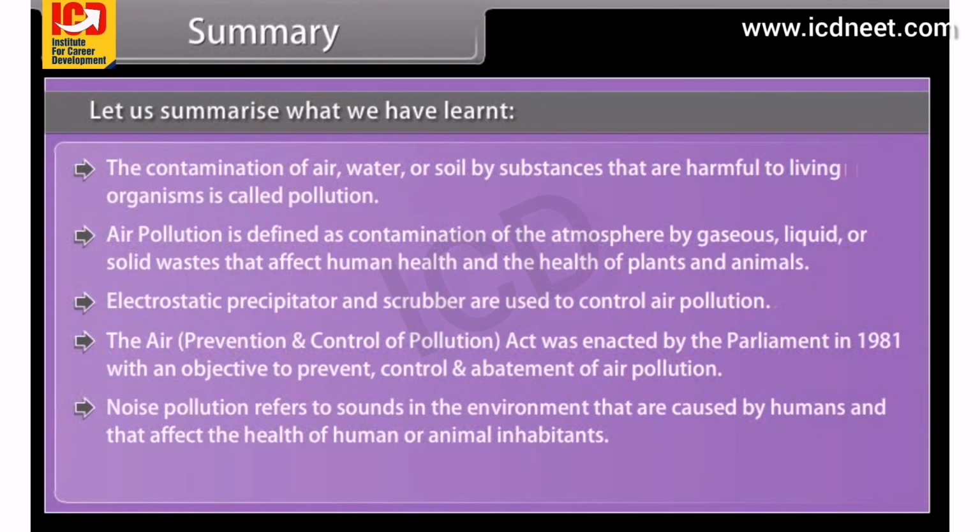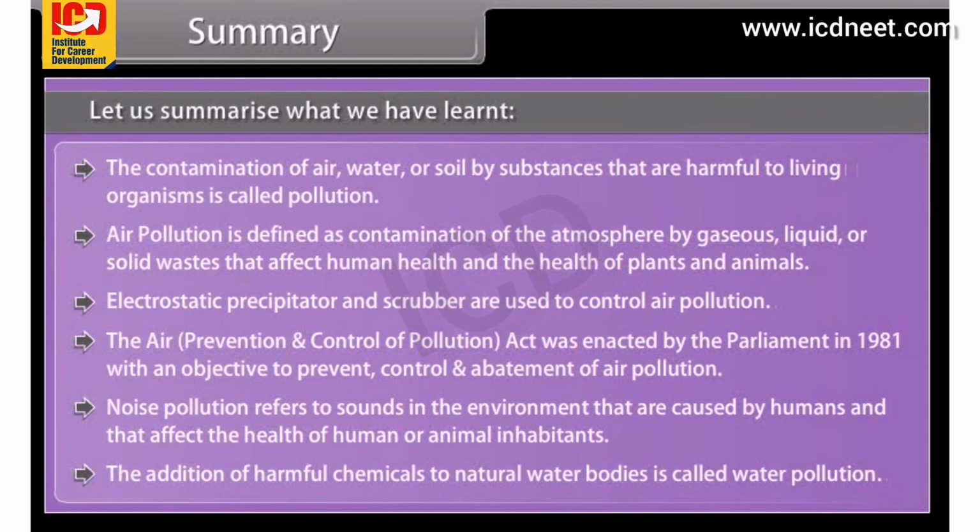Noise pollution refers to sounds in the environment that are caused by humans and that affect the health of human or animal inhabitants. The addition of harmful chemicals to natural water bodies is called water pollution.